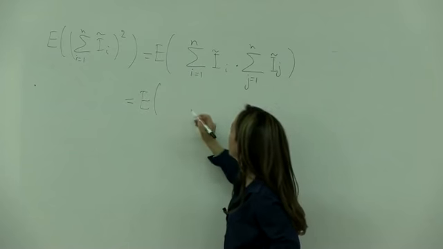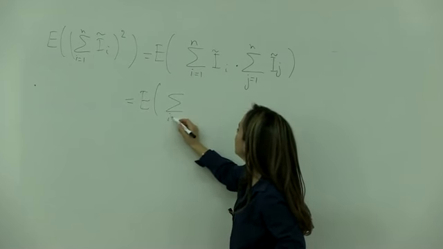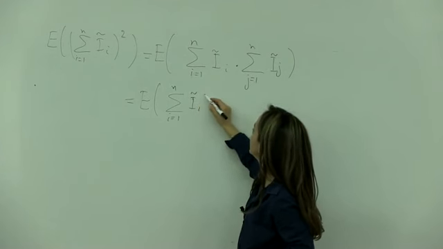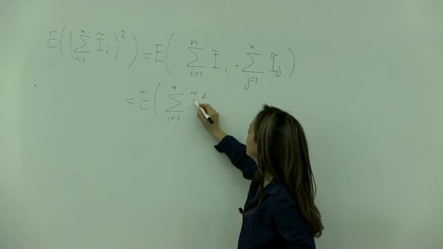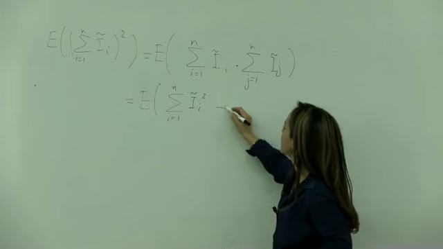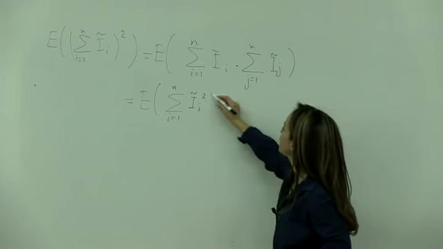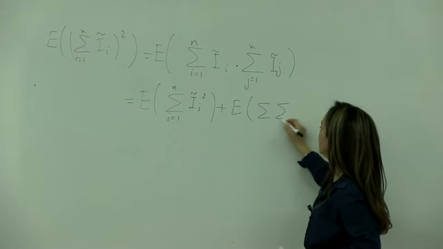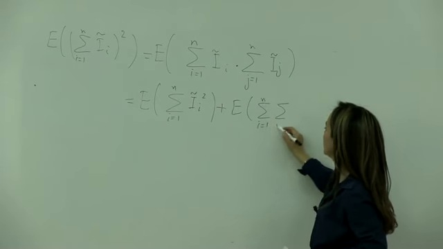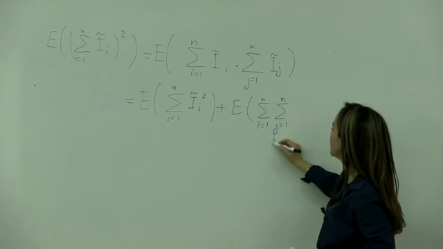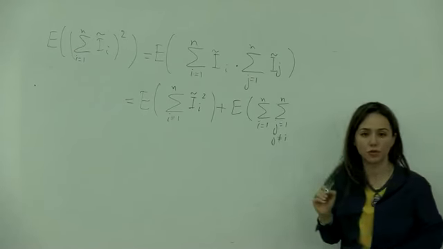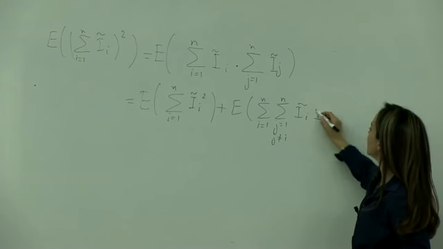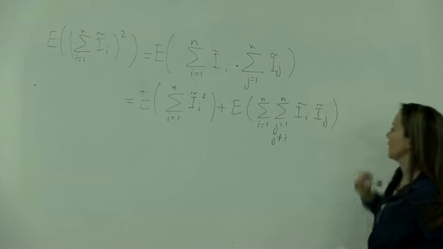I can express this as the summation i from 1 to n of I_i tilde squared, plus the expected value of the summation i from 1 to n, j from 1 to n, but j is not equal to i. These are the cross terms. I_i tilde, I_j tilde. Okay?